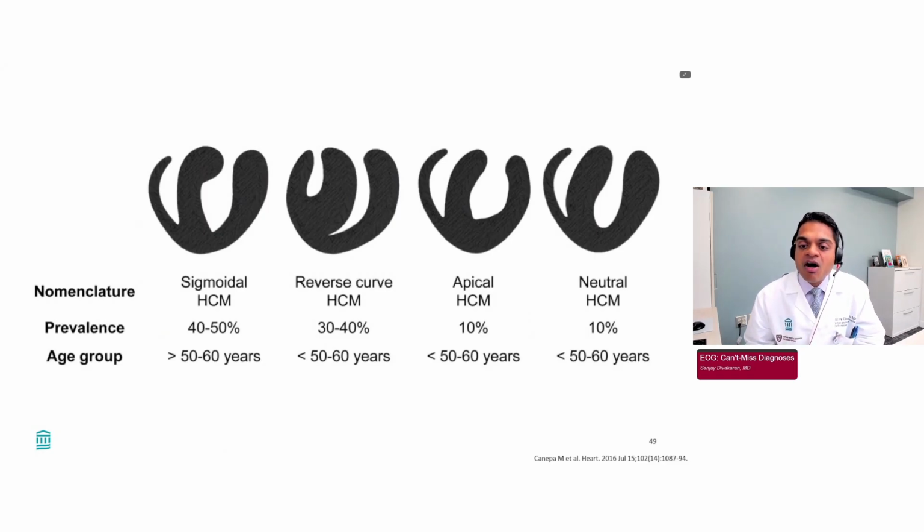And apical HCM often is not associated with abnormal genetic testing, but something that needs to be on the mind when you see an ECG like this. And I can assure you all, you've either all seen this ECG already or will see this ECG.